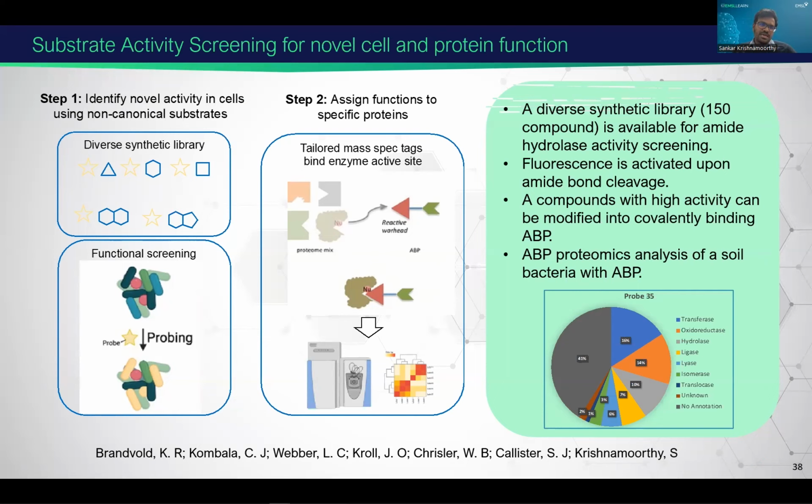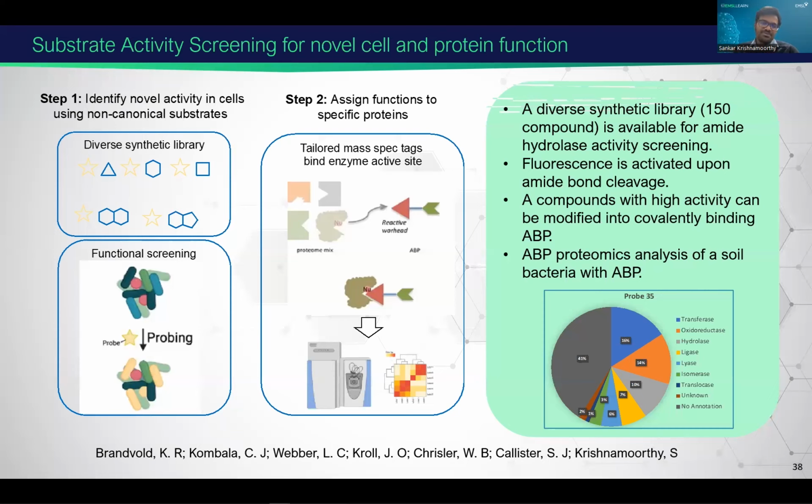We take this library and screen it with, for example, protein lysates or live cells. When there is an activity, you see a fluorescence increase, and you can pick those compounds.